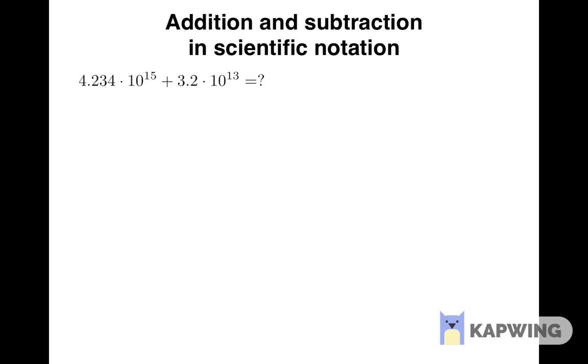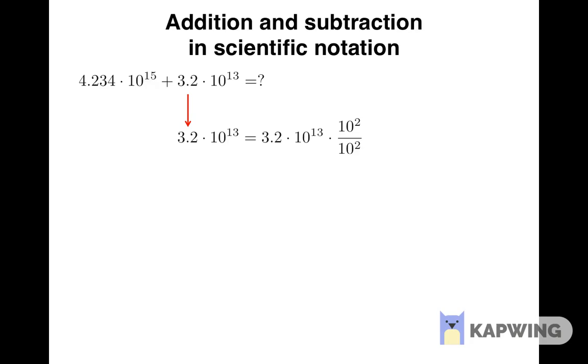For instance, if we need to add 4.234 times 10 to the 15th power and 3.2 times 10 to the 13th power, then we need to first rewrite the number with the smaller exponent, 13, to have exponent 15. Because the difference between the exponents is 2, we simply multiply and divide 3.2 times 10 to the 13th power by 100, or 10 to the 2nd power.